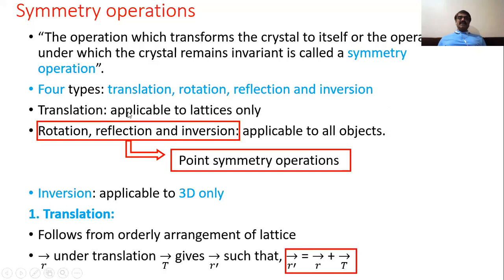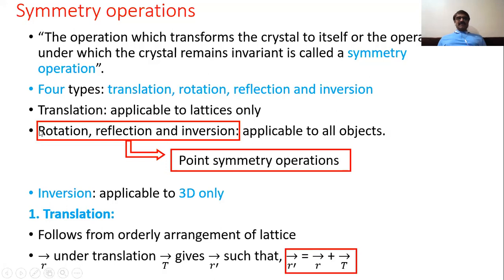It is not applicable to a crystal. It is applicable to lattices and two-dimensional bodies only. On the other hand, rotation, reflection, and inversion are applicable to all objects, including two-dimensional and three-dimensional lattices and crystals.